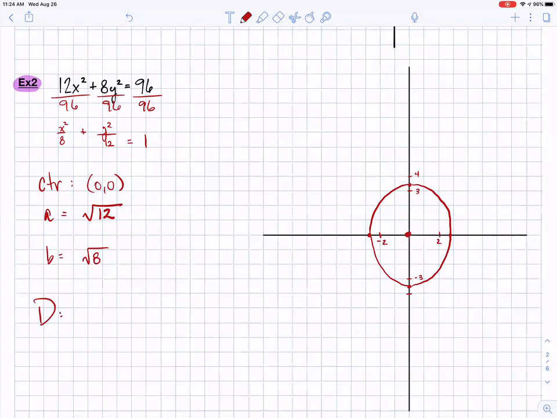Okay, now where is my domain? What's the leftmost value? Yeah, so here, it's actually, remember that 2.9 was just a guess at a number? It's not completely accurate.